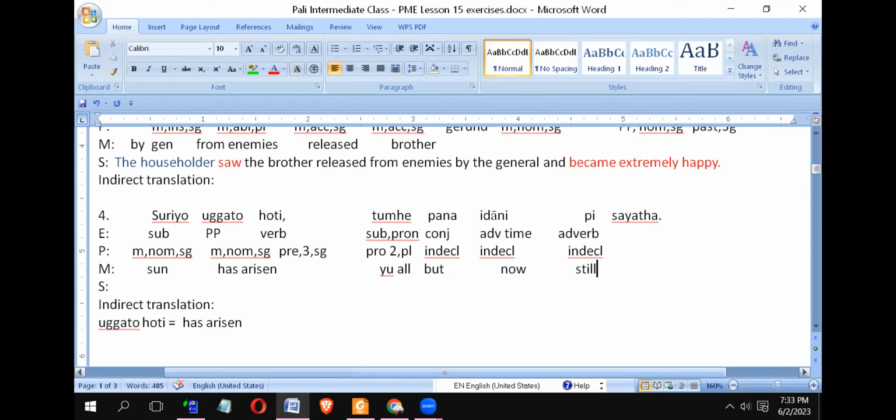And then sayata is a verb, present tense, second person plural.